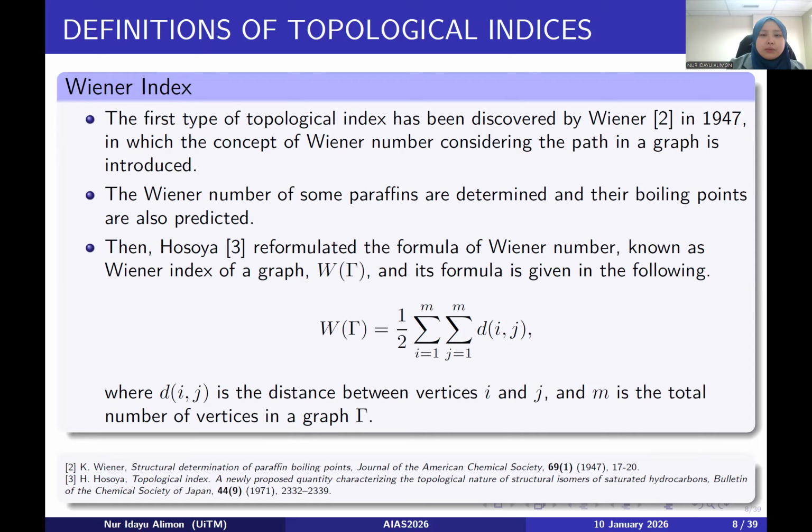The Wiener numbers of some paraffins are determined and their boiling points are also predicted. After that, Hosoya reformulated the Wiener index known as the Wiener index of a graph, denoted by W(Γ), and its formula is given in the following. This is the formula of the Wiener index, which involves the distance of the vertices in the graph.